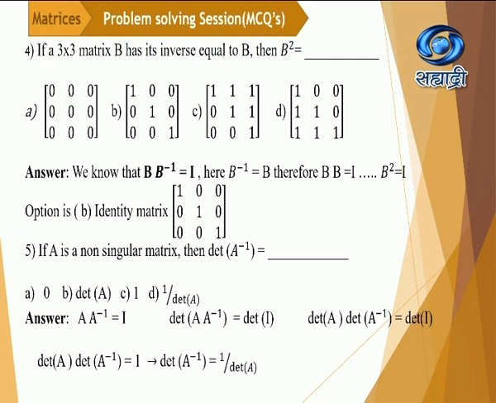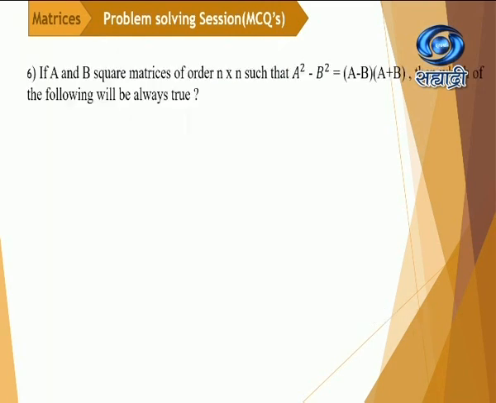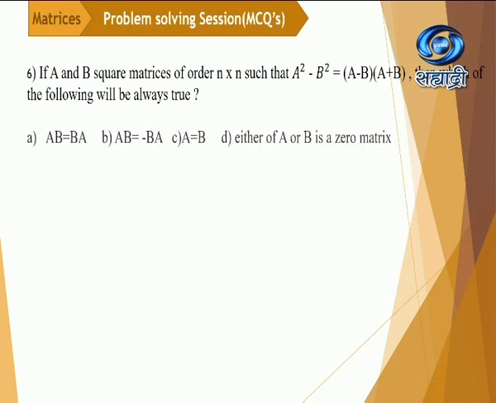Therefore, determinant A into determinant A inverse equal to 1, as determinant I is 1, and therefore determinant A inverse equal to 1 upon determinant of A, and therefore the option for the fifth example is D, 1 upon determinant A. I hope you are enjoying these MCQs.